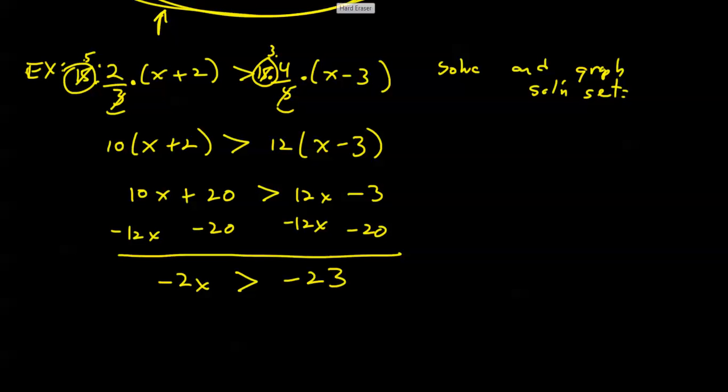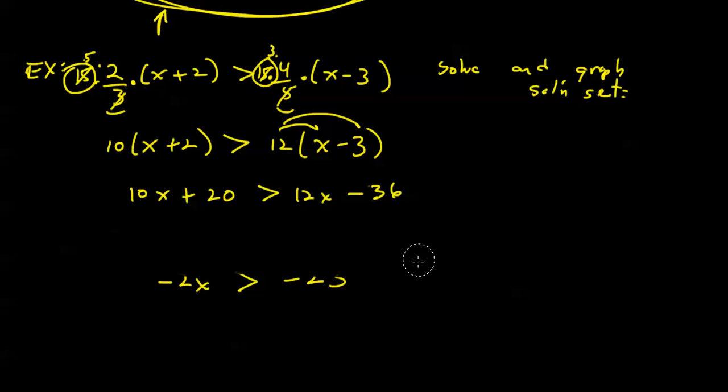Let me go ahead and erase this. This should not be a 3 here. Let me write that out. And maybe it's good to illustrate this out. 12 times minus 3 is minus 36. So I'm going to correct that error. Check it again. 10x plus 20 on the left is greater than 12x minus 36 on the right.